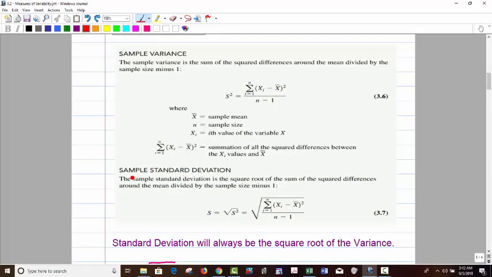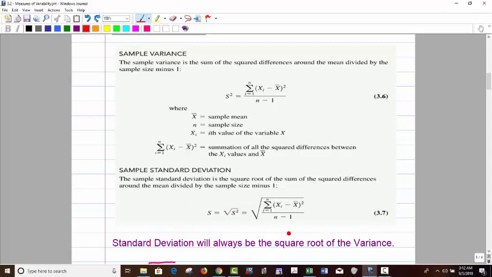Now we have something called sample standard deviation. We're going to be using standard deviation quite a bit in this class, more so than variance. But they relate to each other. The sample standard deviation is the square root of the sample variance. In fact, that's a rule that's always true.